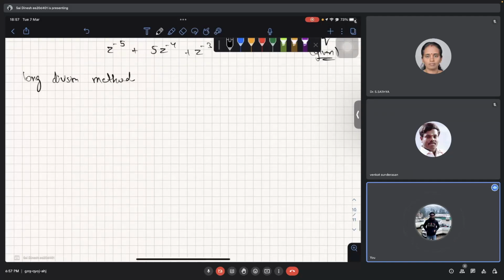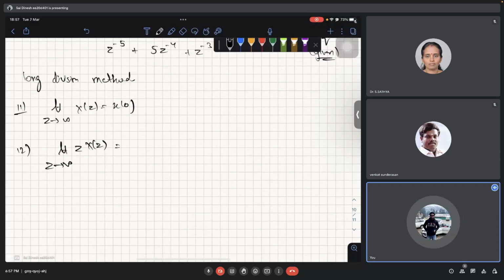And then the 11th question, he is asking for x of 0. How do you find x of 0? We make use of the initial value theorem. So limit z tends to infinity, X(z) is equal to x of 0. And another method is to take z terms of X(z), which will give x of 1. So these are the methods, right?